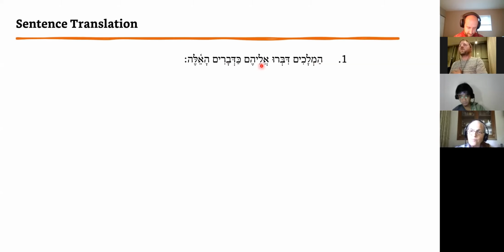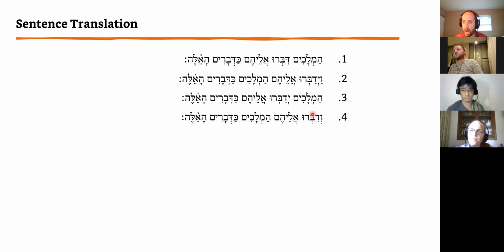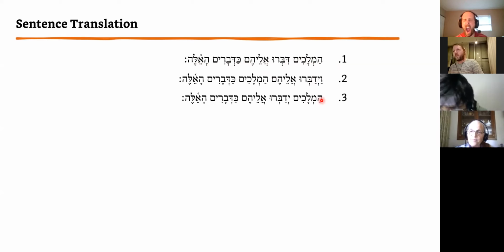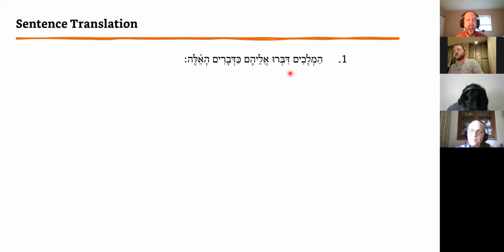I pulled this out of Basics of Biblical Hebrew, out of the workbook. It's supposedly a verse from the Bible, but I want to change it around a little bit. We're going to translate this, and then I'm going to change it. You'll see I've got 4 versions of the same sentence, and we'll look at the differences between them.